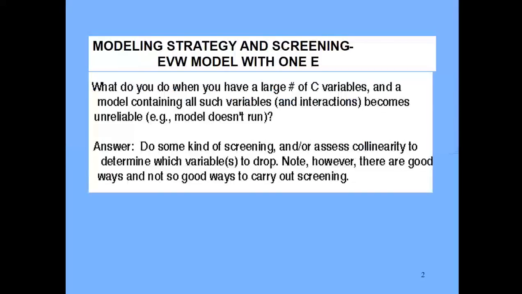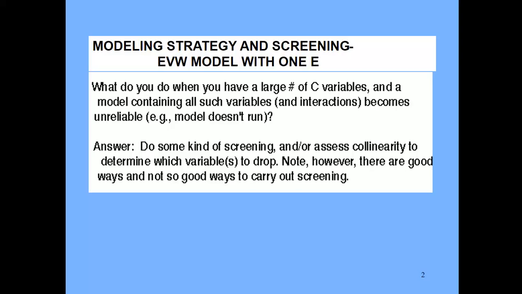Now, here's the situation. Here's the question: what do you do when you have a large number of variables? I'm considering the situation with one E; it's more complicated with several E's, so I just want to talk about one E. What do you do when you have one E and several C's, and the number of C variables is very large, and a model containing all such variables, and maybe interactions involving them with the E, becomes unreliable or doesn't run?